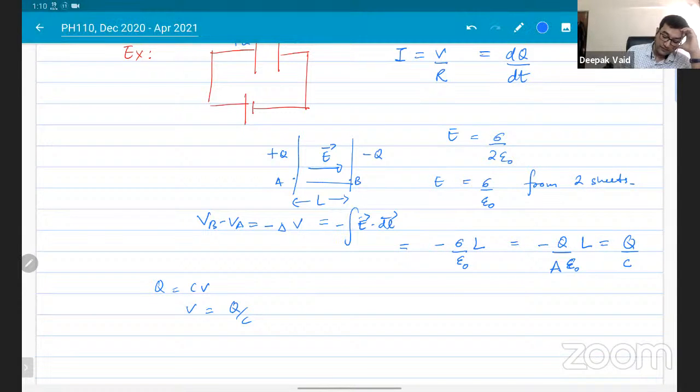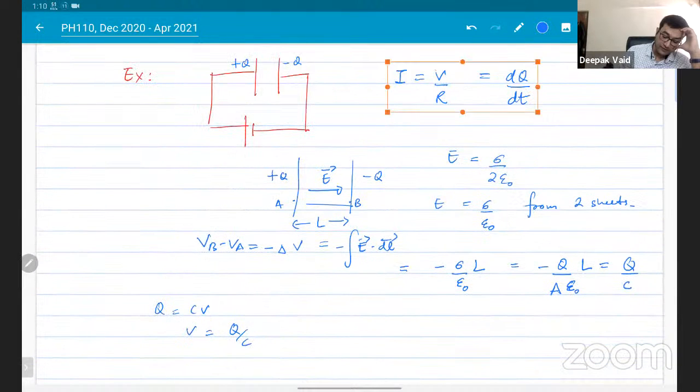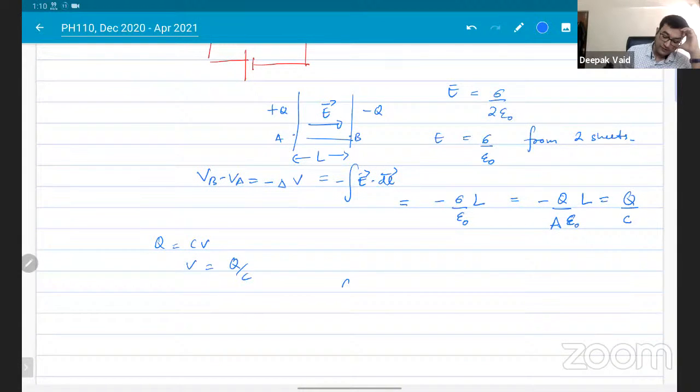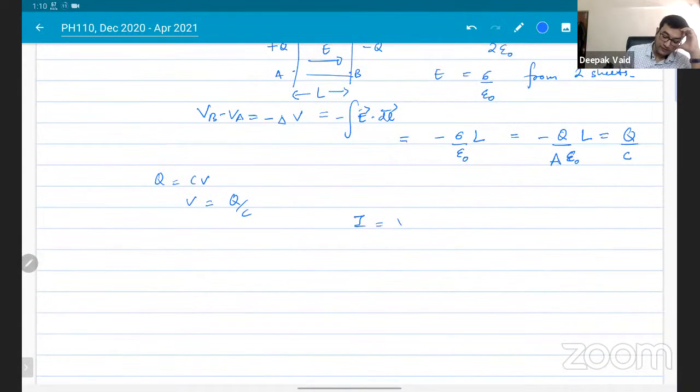So I have one equation which tells me that I is equal to V by R, which is equal to dQ by dt. And what is V? V is equal to Q by C. So I can write this as Q by RC, right?